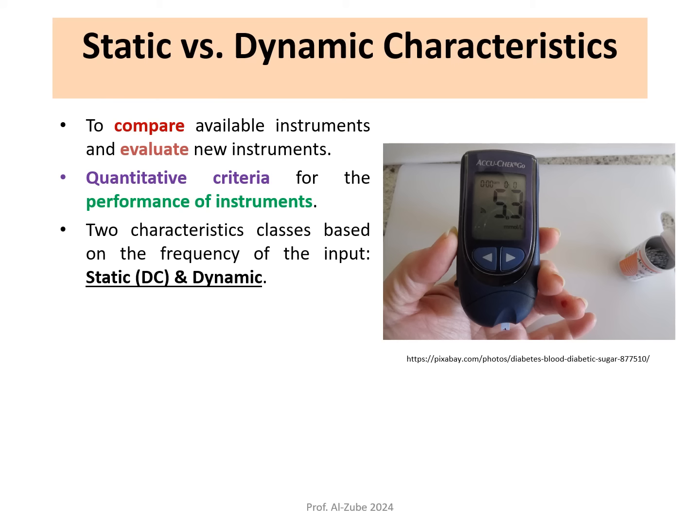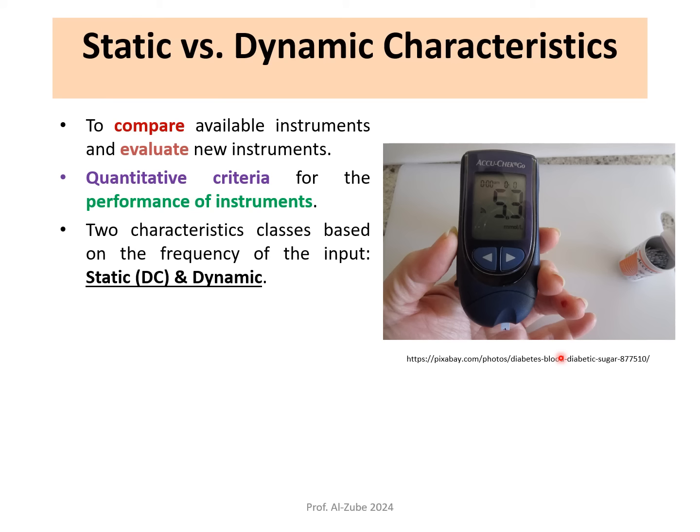For example, you can find a lot of blood glucose level testing instruments, with different types, models, and manufacturers. So how can you compare between those instruments, and how can you evaluate whether an instrument is working properly or not? In order to do this, we need to look at the static and dynamic characteristics of each instrument. That's very important for biomedical engineers to be able to compare and evaluate, and you can find those when you buy a new medical instrument.